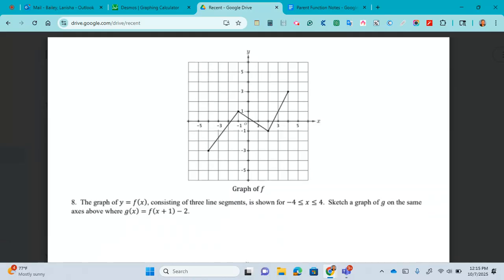All right, now look at this. The graph of y equals f of x, consisting of 3 line segments, is shown for -4 to 4. Sketch a graph of g on the same axis above, where g of x is f of x plus 1 minus 2. All right, first, inside with the x is plus 1.